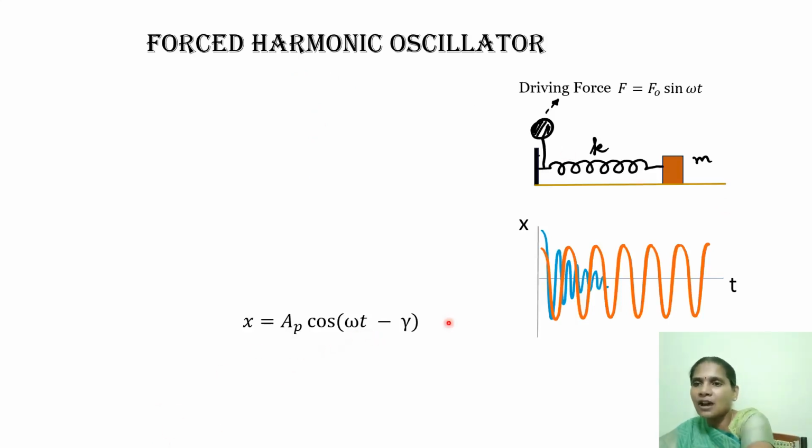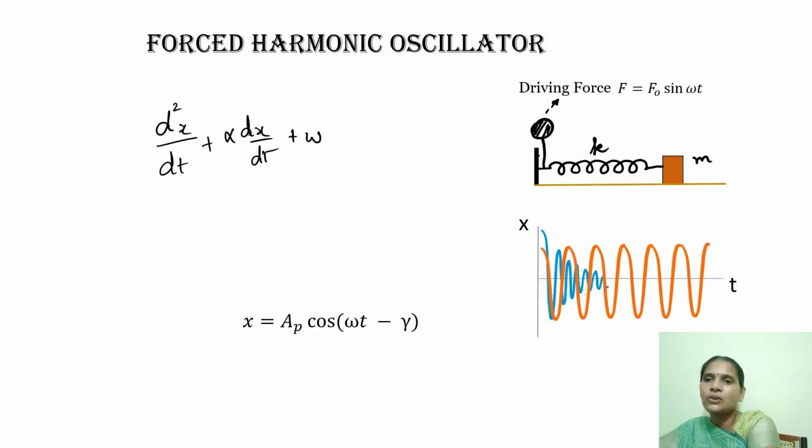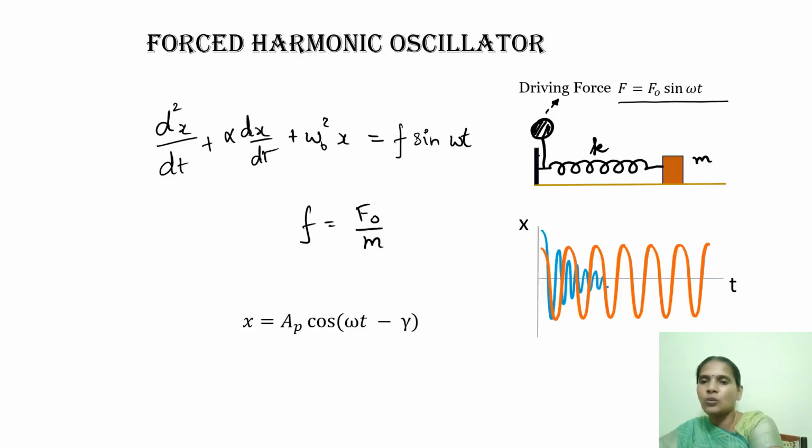This is obtained from the linear inhomogeneous second order differential equation d square x by dt square plus alpha dx by dt plus omega naught square x equal to f sin omega t, where small f is given as F naught by m, where F naught is the amplitude term of the driving force, F naught sin omega t.